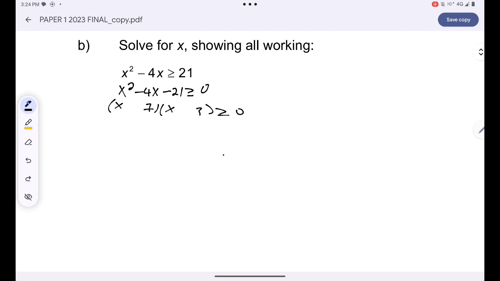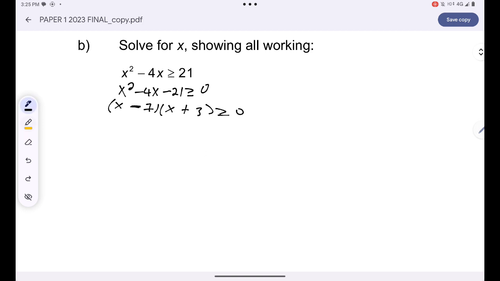That's 7 and 3. The sign there is minus. That simply means your brackets will have different signs. The bigger factor between the two will keep the sign of the middle term. 7 is bigger than 3, so the sign of the middle term will be next to 7, and then 3 will take the alternate sign.